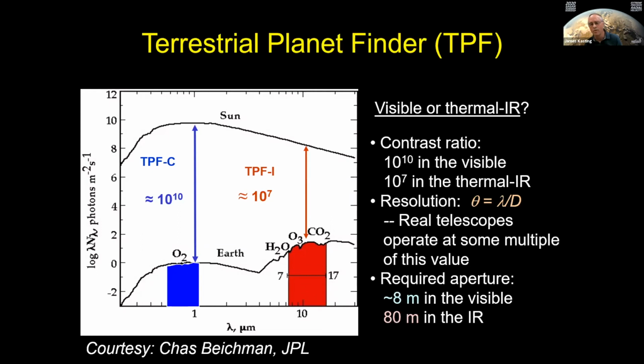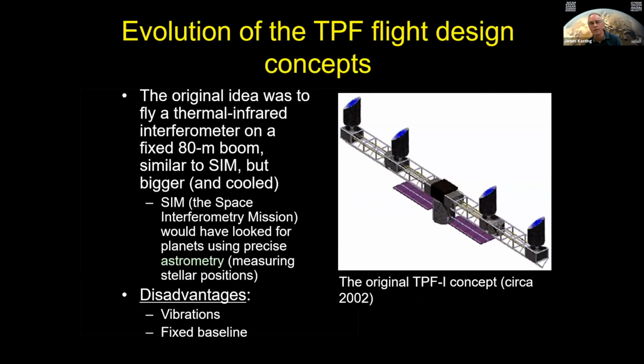If you go through the math, real coronagraphs operate at some multiple of lambda over d, but at TPF times, we needed roughly 8 meters in the visible, and you needed about 80 meters in the infrared. So the techniques used in these wavelength regions would be different.